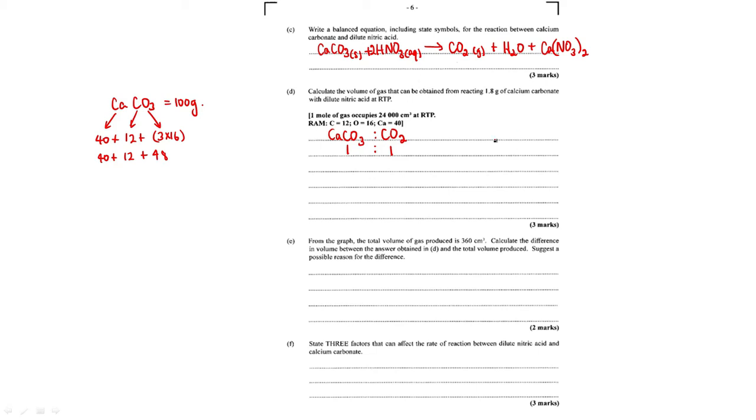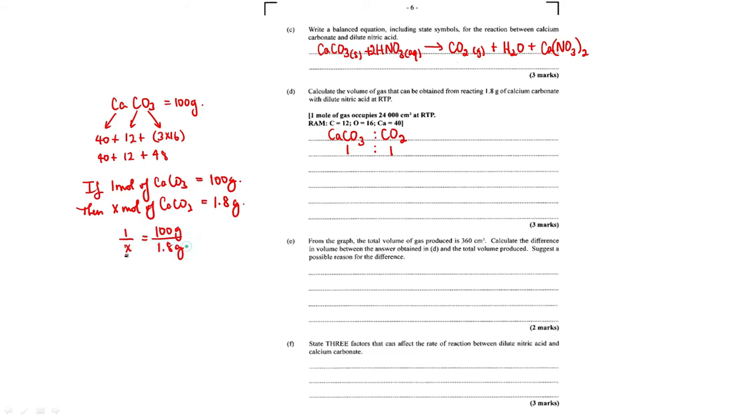So we see that if 1 mole of calcium carbonate has a mass of 100 grams, then X moles of calcium carbonate would have a mass of 1.8 grams. Now writing this how we understand, we say 1 over X is equal to 100 grams over 1.8 grams.